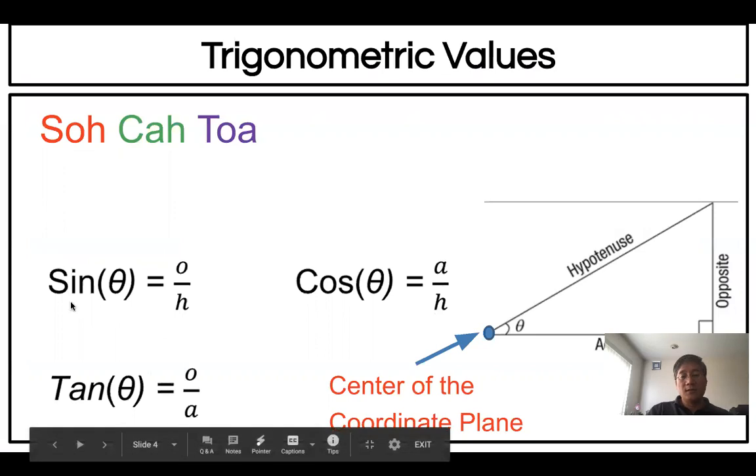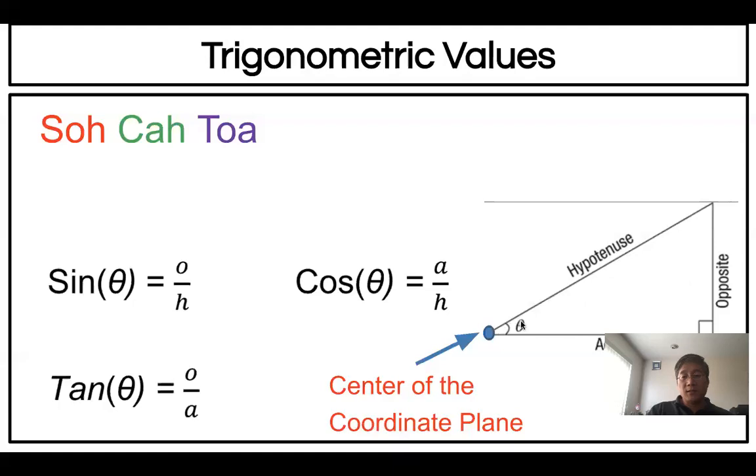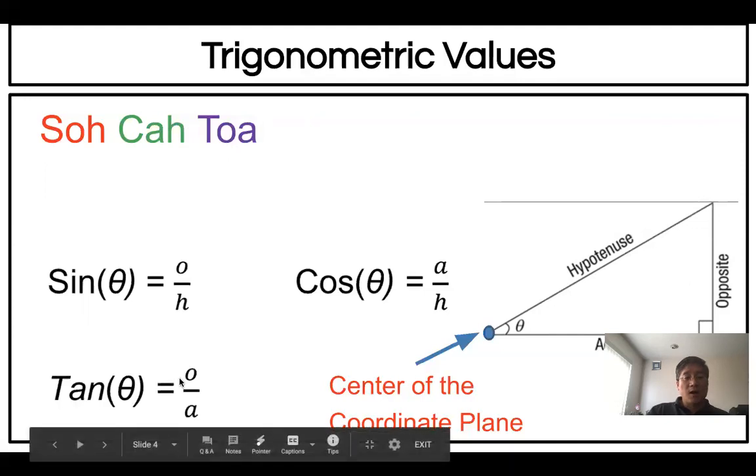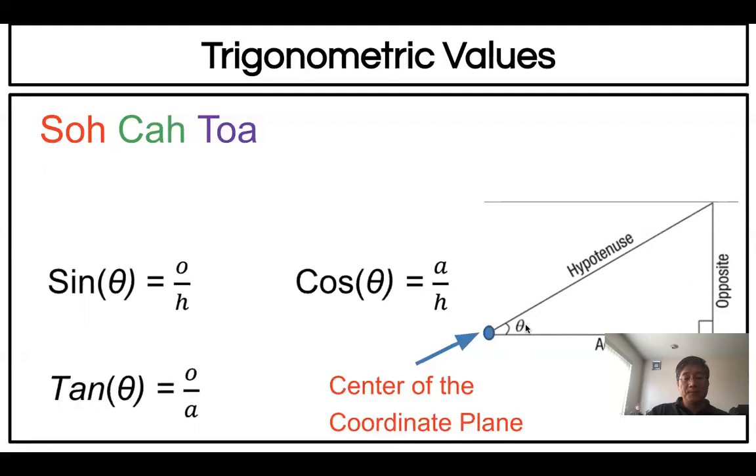Sine is the ratio of opposite over hypotenuse. Cosine is adjacent over hypotenuse. Tangent is opposite over adjacent. So your angle is right here.